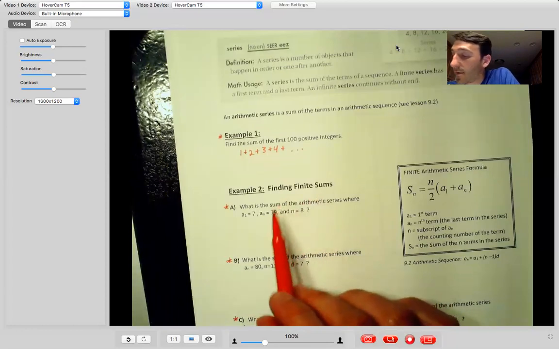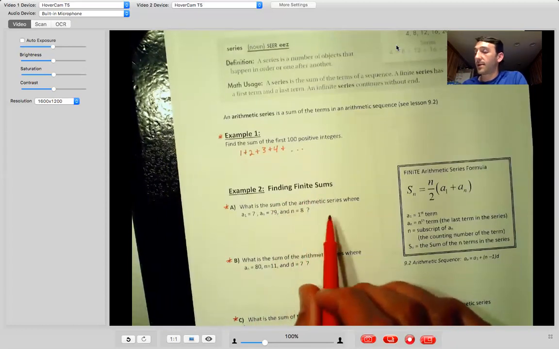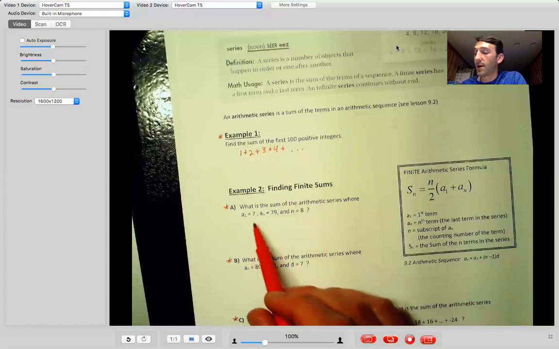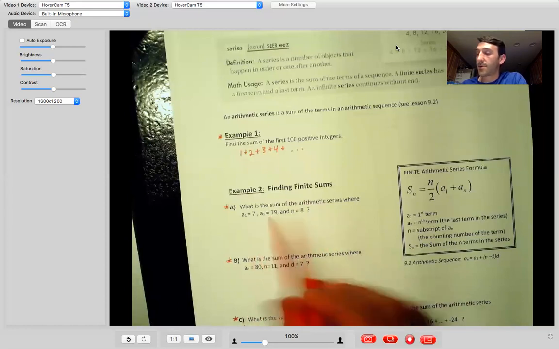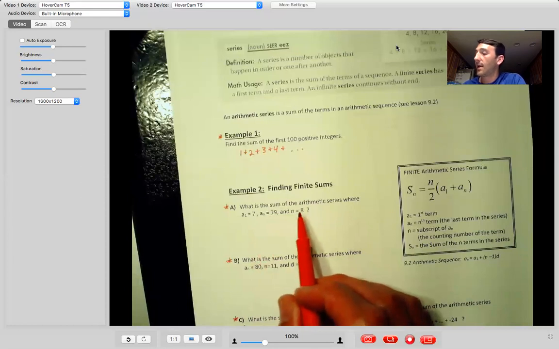So 2a, what is the sum of the arithmetic series where a sub 1 equals 7, a sub n equals 79, n equals 8?